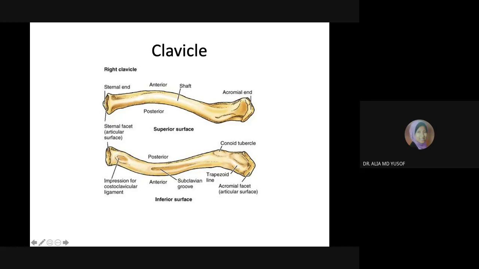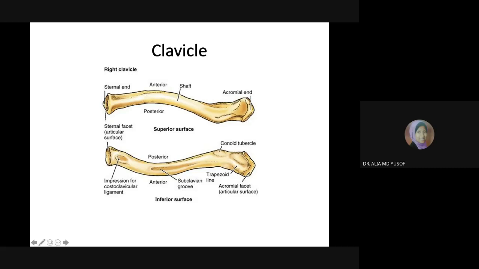Lateral end flat, sternal end tubular. Kedua, kalau you flip macam tu, you tak tahu mana satu kanan, mana satu kiri, mana satu depan, mana satu belakang. So, kita nak tahu depan dia, kita tahu yang 1/3 lateral tu flat. Yang flat tu dia cembung ke depan, maksud dia convex anteriorly.